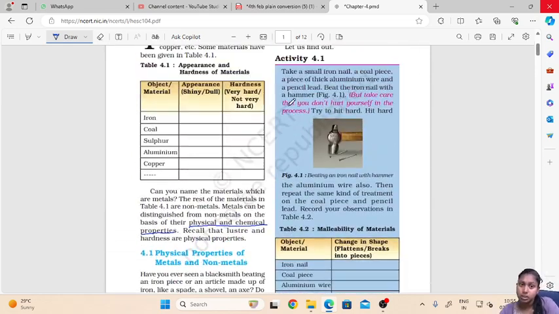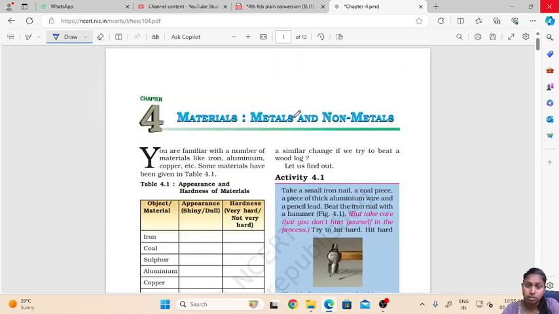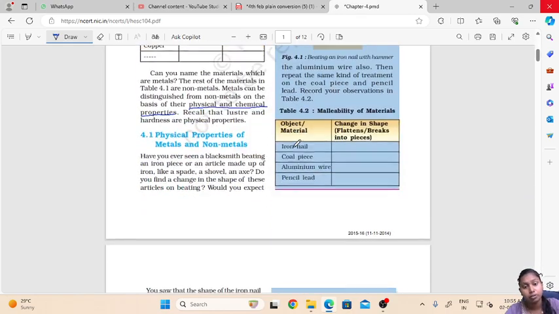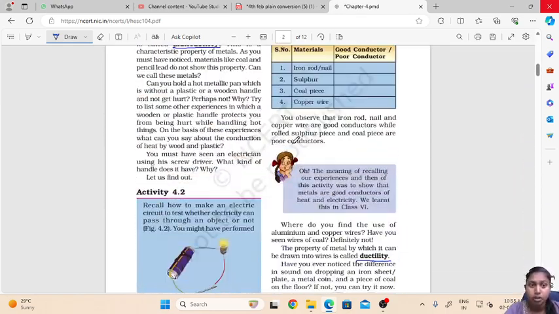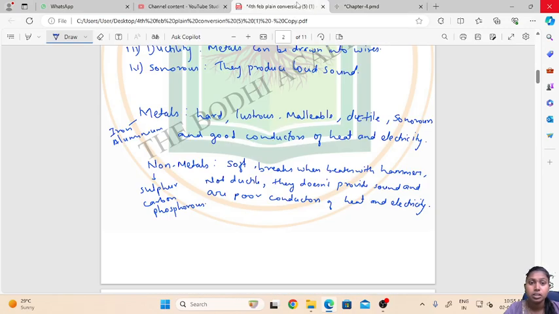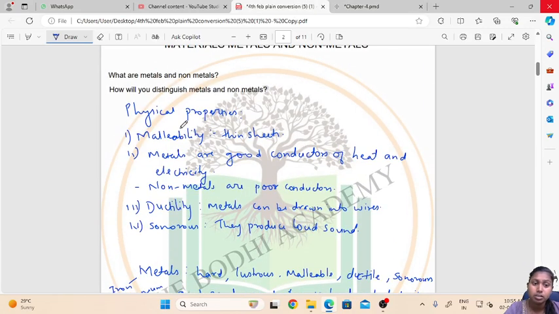So in today's class we have seen what are metals and non-metals and how they are classified on the basis of their physical properties. So what are the physical properties of metals and non-metals? Like metals, they are malleable. Malleable means they can be converted into thin sheets, whereas non-metals, they cannot be converted into thin sheets.